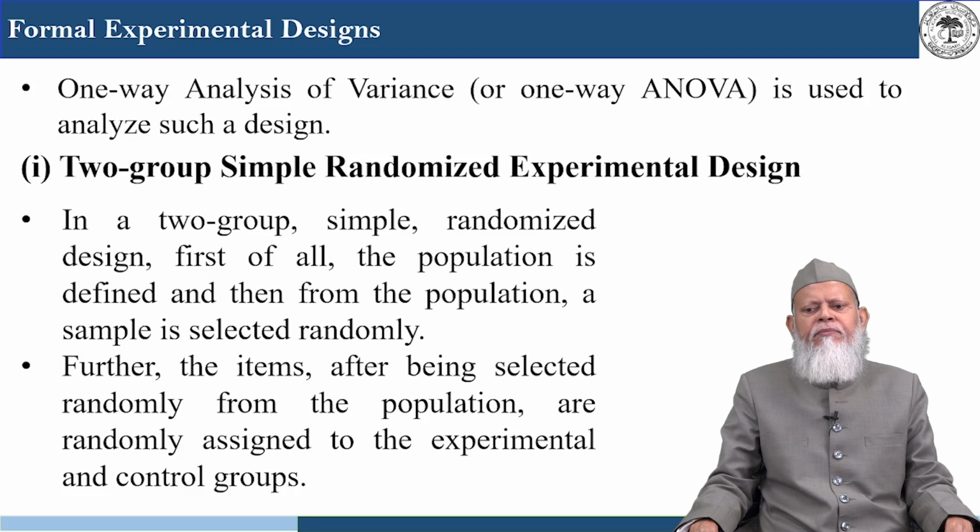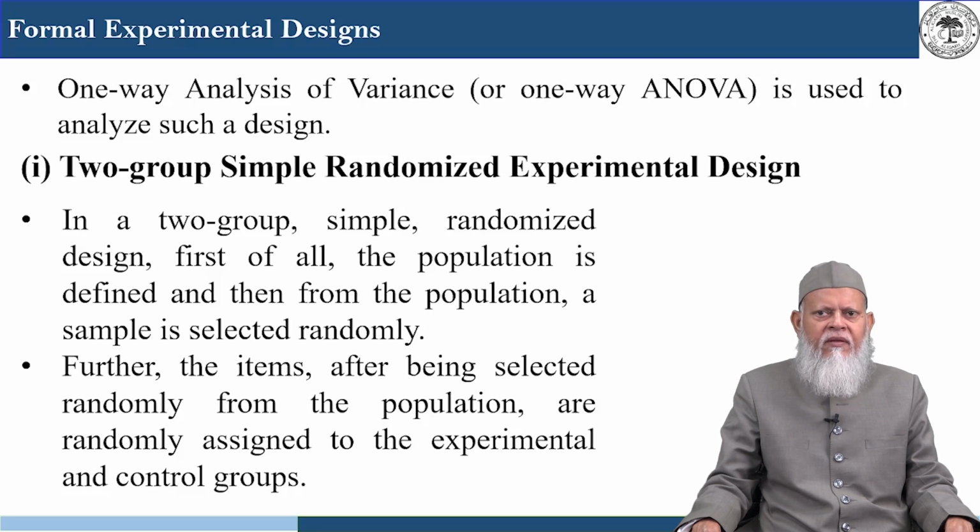In the two group simple randomized design, first of all, the population is defined, and then from the population, a sample is selected randomly. Of course, for any research, the population has to be defined.